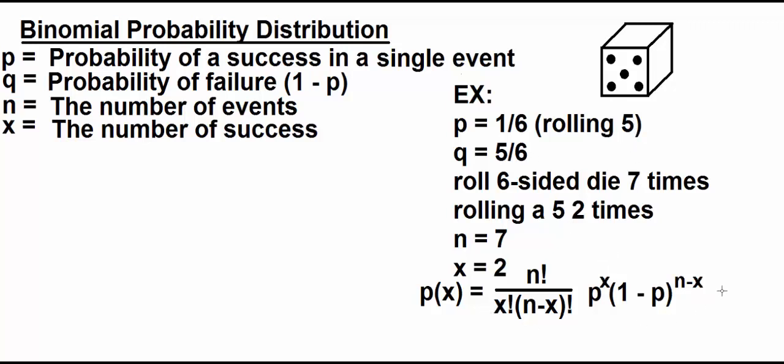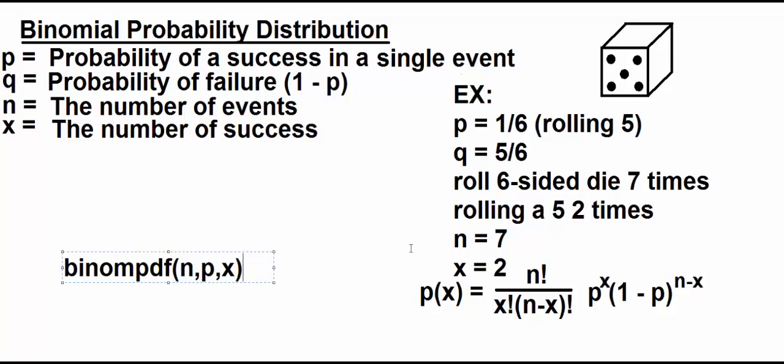So this formula looks a little intimidating, but fortunately we have a calculator, and in the calculator we're going to use the Binomial PDF distribution, and we're going to insert n, p, x.